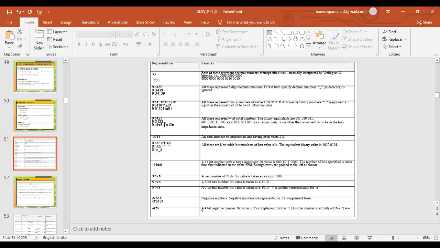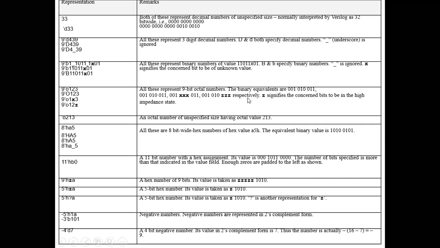To make it large for your visibility, I have done this. Okay, you can see now. So 9 lowercase o 1 2 3. Here 9 capital O 1 2 3. Both are the same. So its binary equivalent is also the same as this.